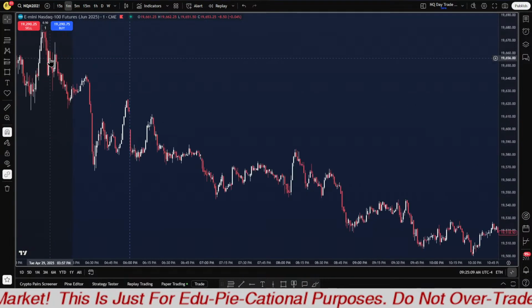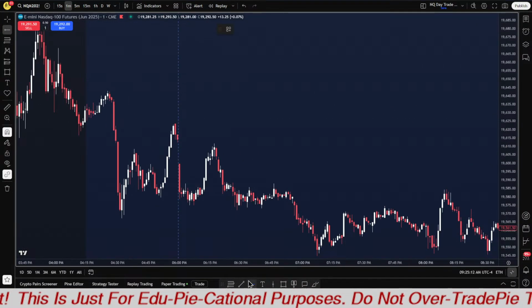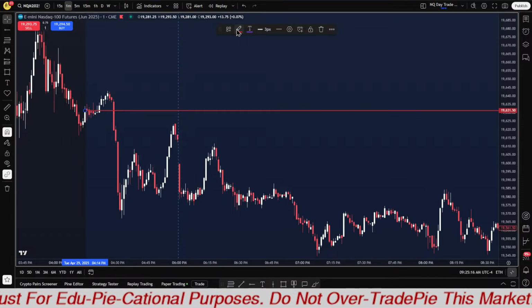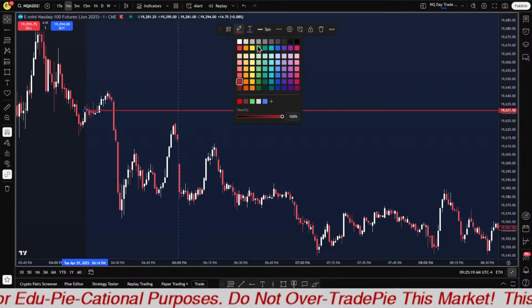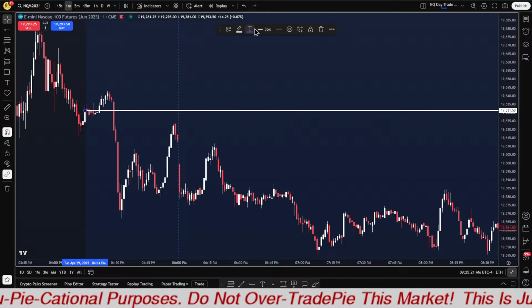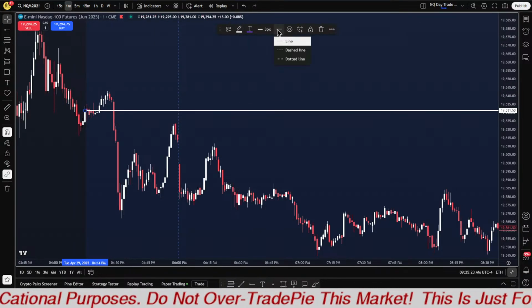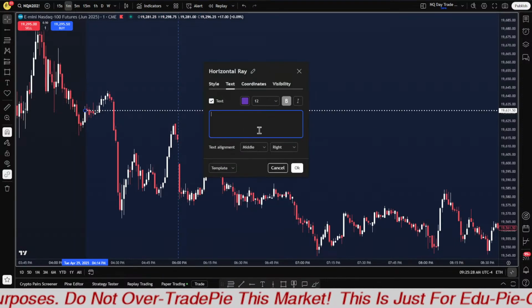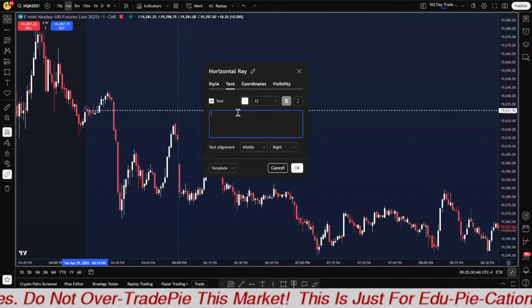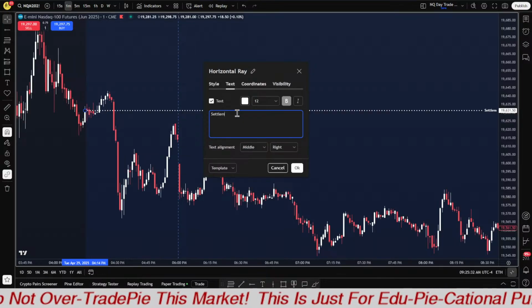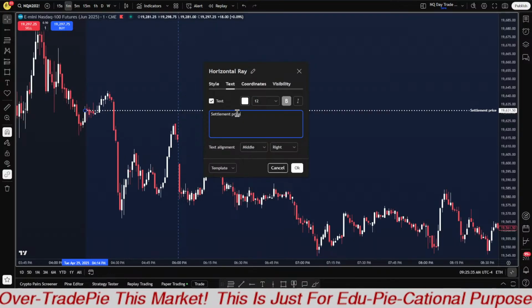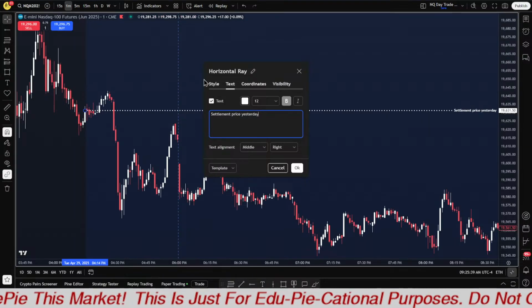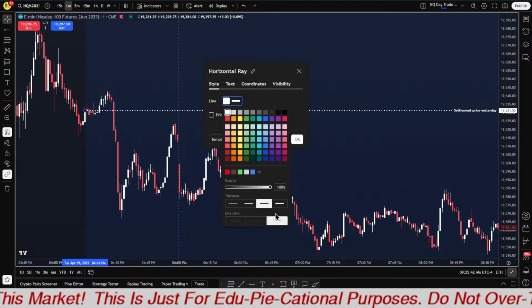The settlement price of yesterday was 19,633.